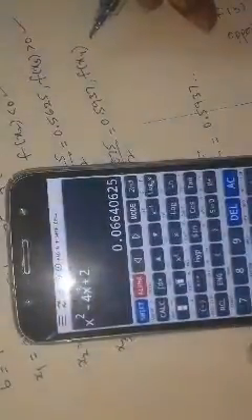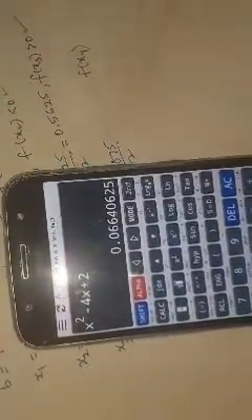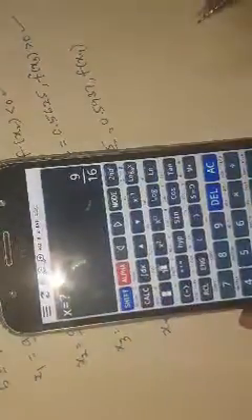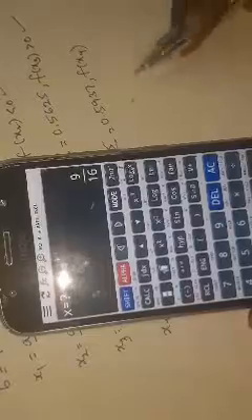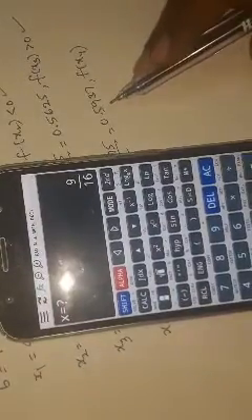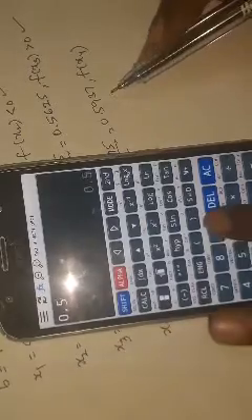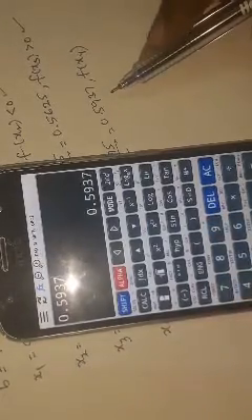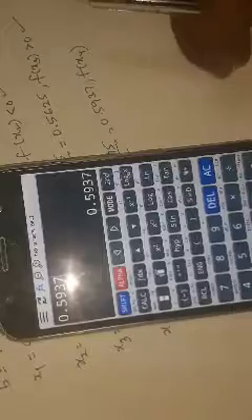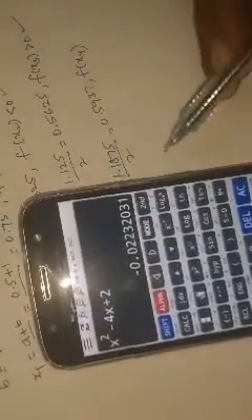Now what is f of x4? Without disturbing your calculator, just enter CALC. It asks the value of x. The present value of x is 0.5937, and pressing equals gives a negative value.